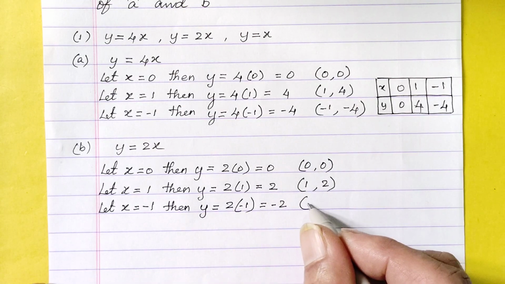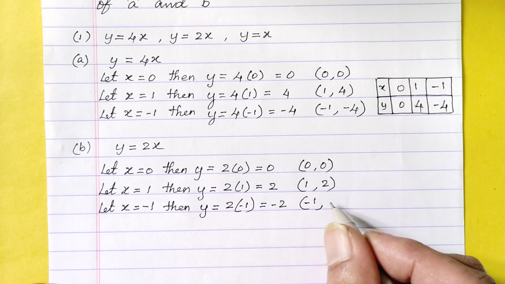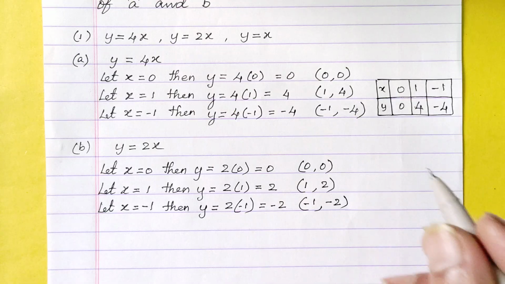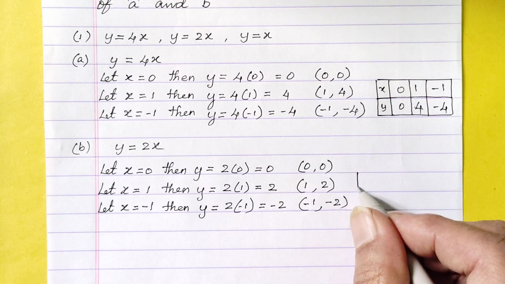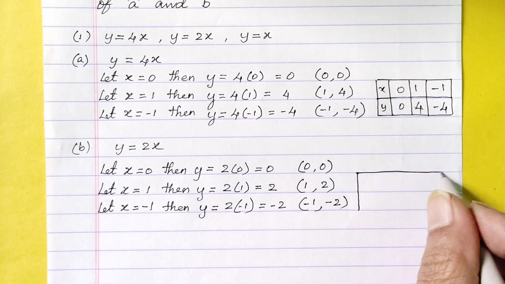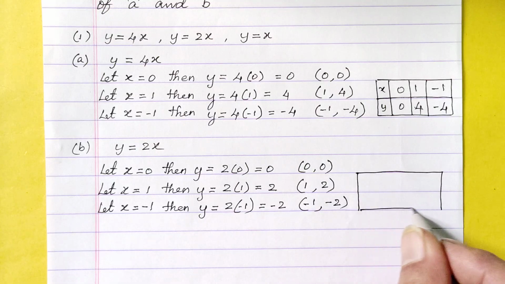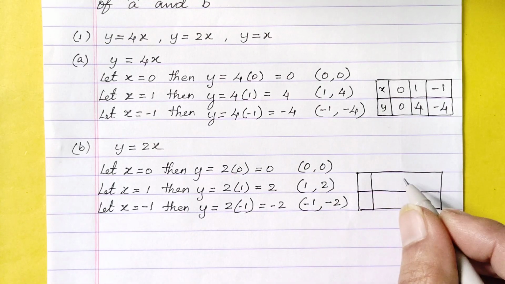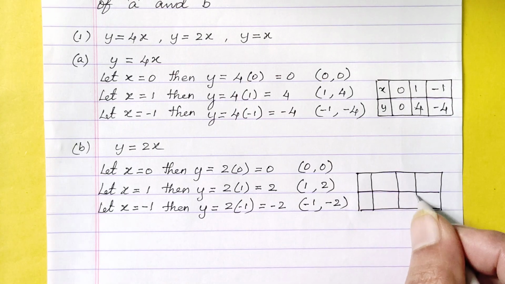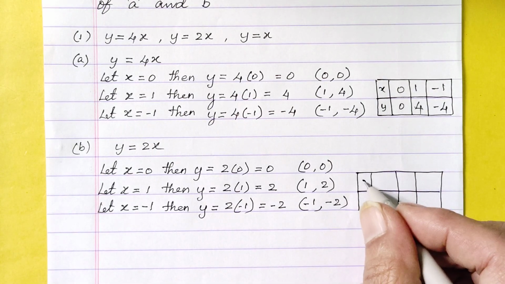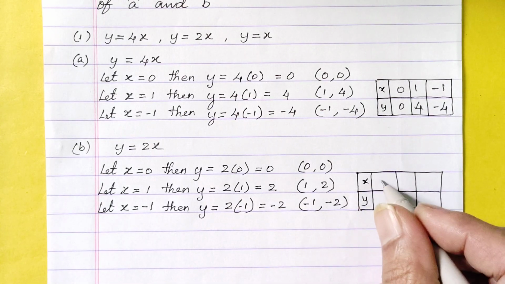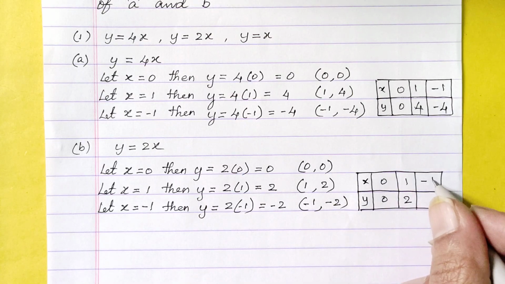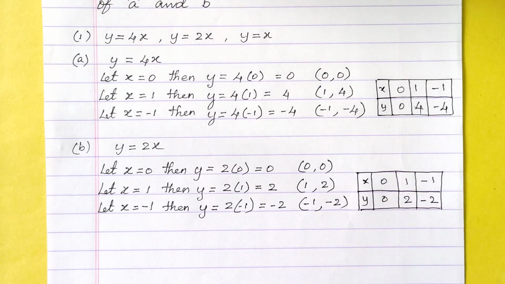When the x coordinate is minus 1, the y coordinate is minus 2. So this also we can put in the form of a box here. X, y: 0, 0, 1, 2, minus 1, minus 2.